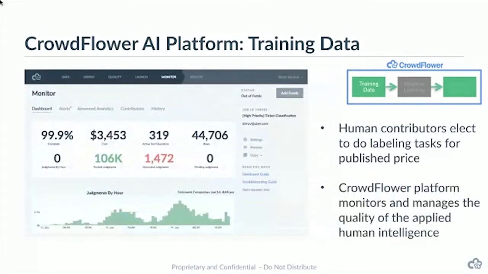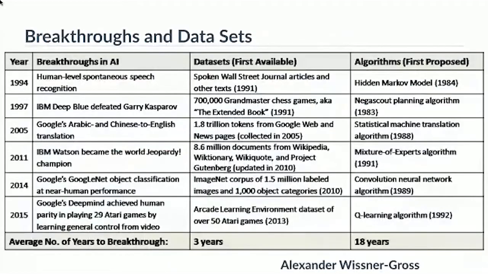And I really believe that what I'm doing with CrowdFlower is super important, because if you look at where you see breakthroughs in AI, it's almost always soon after a data set is made available.